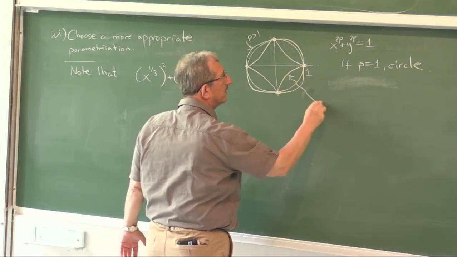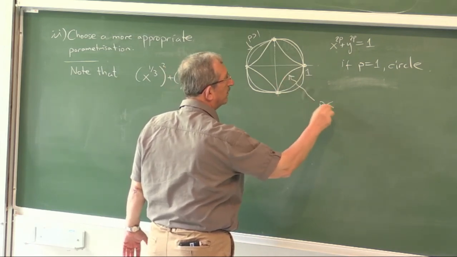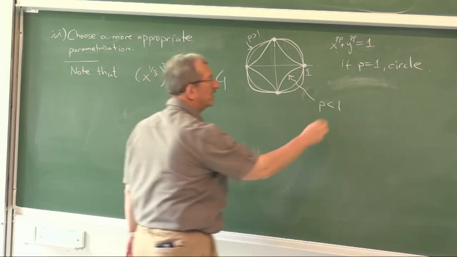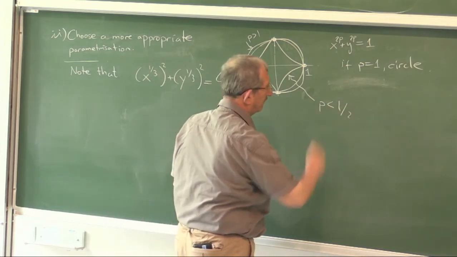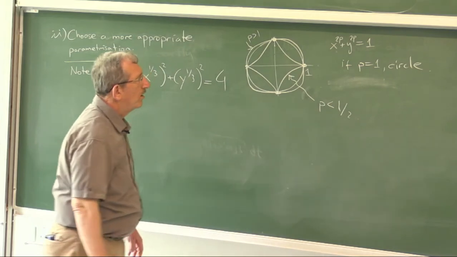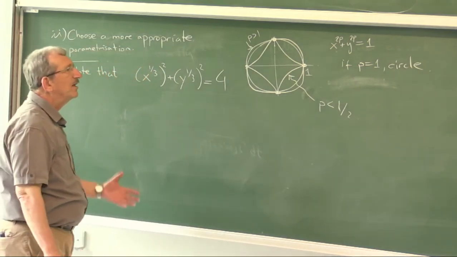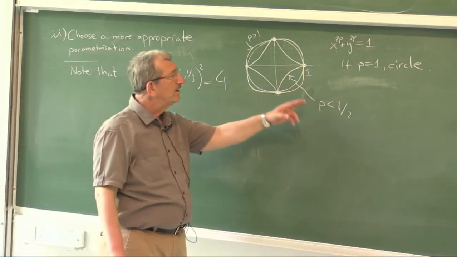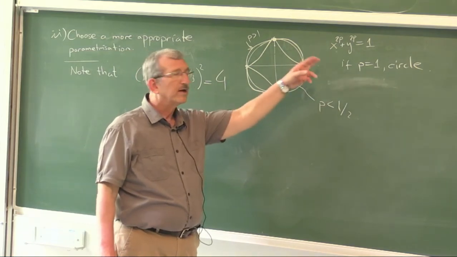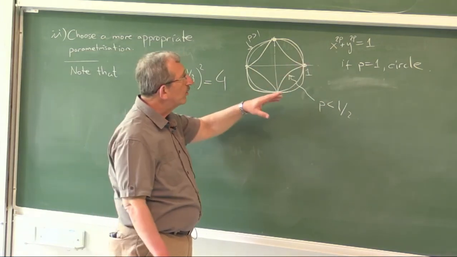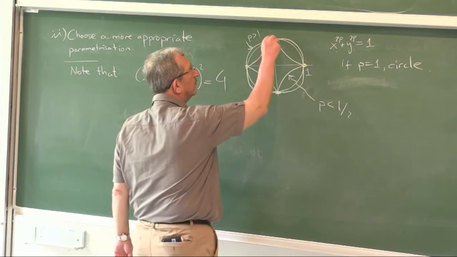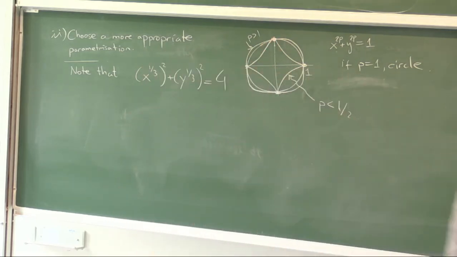This is if p is smaller than 1, actually, if it's smaller than 1/2. Well, when p is exactly 1/2, clearly, you take the square root, and then you square it, so you take the absolute value. Let me just put this as a last picture.